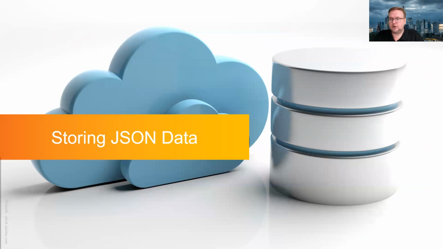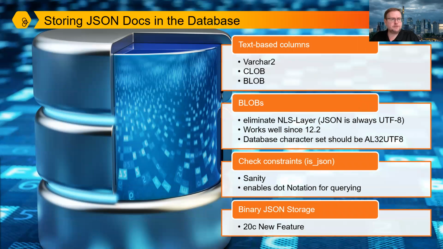Okay, so how do we store JSON in the database? First of all, JSON documents are text documents, so we are using text-based columns. Typically, you will use VARCHAR2 columns or CLOB columns, or even better, BLOB columns. The BLOB eliminates the national language support layer, so there doesn't have to be any NLS conversion, because the database knows that JSON documents are always in UTF-8.